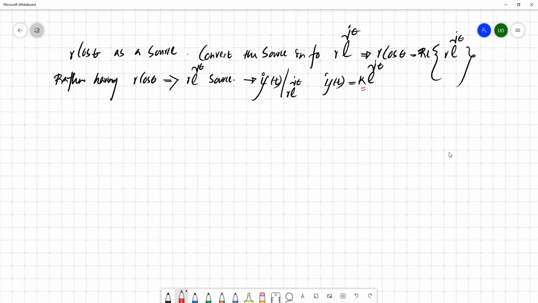Then you take the real component of this forced response, and it is the forced response of the source r cos theta.